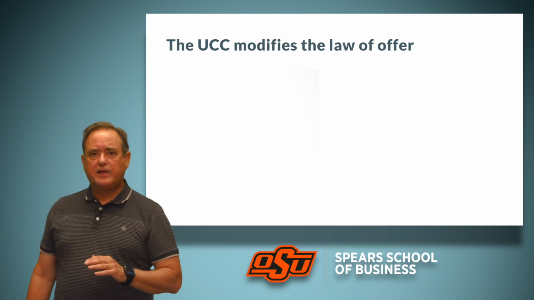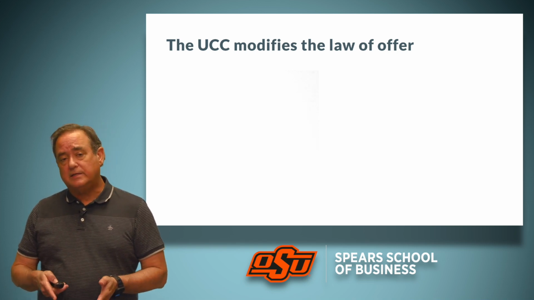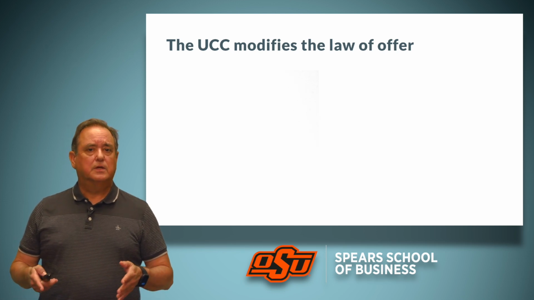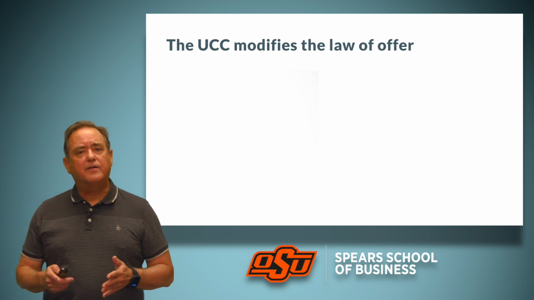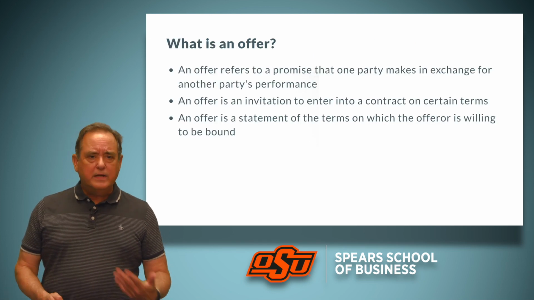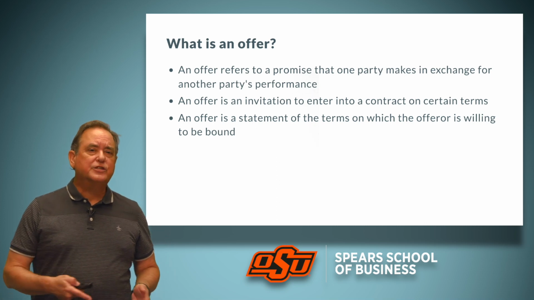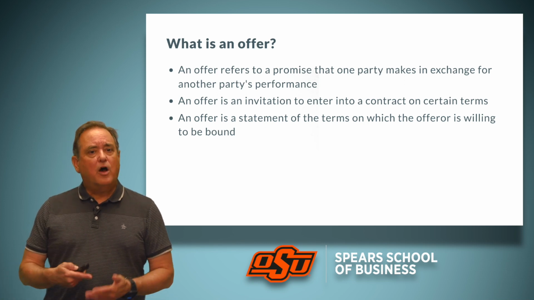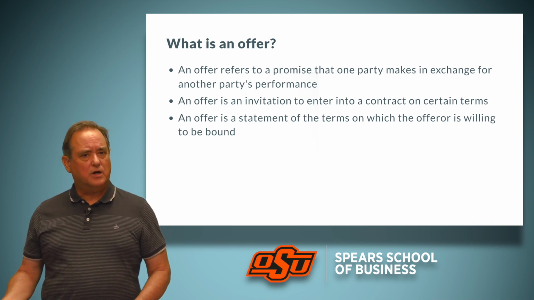Let's talk about specifically the question of agreement, mutual assent. Now we said mutual assent is composed of offer and acceptance. So we're going to start with offer, and we're going to talk about how the UCC modifies the law regarding offers. Now, what is an offer? An offer refers to a promise that one party makes in exchange for another party's performance or another party's promise. So an offer is really an invitation to enter into a contract on certain terms.